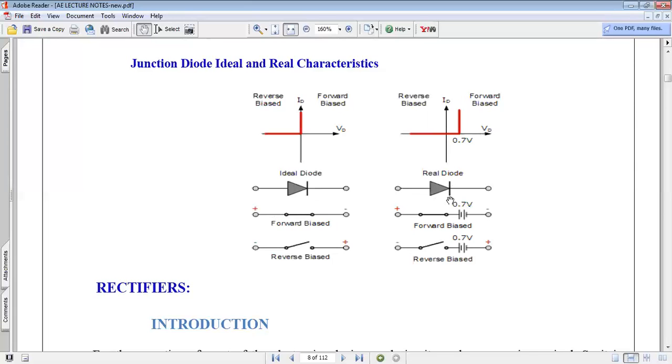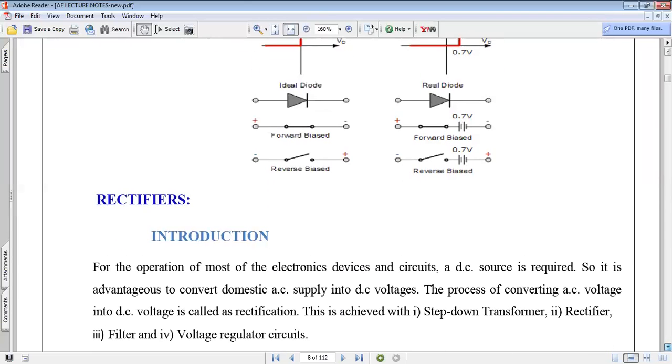So the ideal diode is shown like this, where there is always a battery or bias connected in its symbol, which has a value of 0.7 volt. So for forward bias, it is a short circuit wire with the voltage of only 0.7 volt. But in case of reverse bias, it is an open circuit switch with the battery of 0.7 volt.